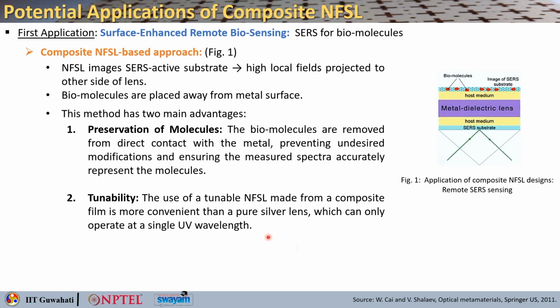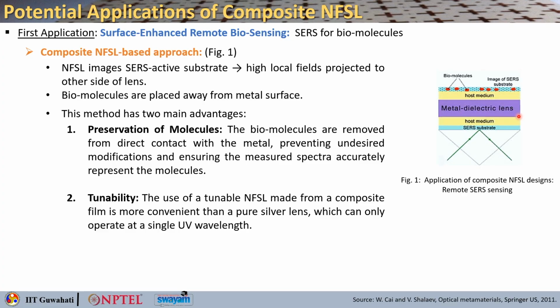Now what you get here in terms of tunability, because of the use of this kind of tunable near field superlens, as we discussed in the previous lecture, is that you can change the volume fraction of the metal and can get this superlens to work at a desired frequency, right.